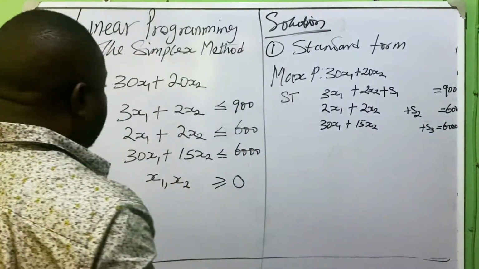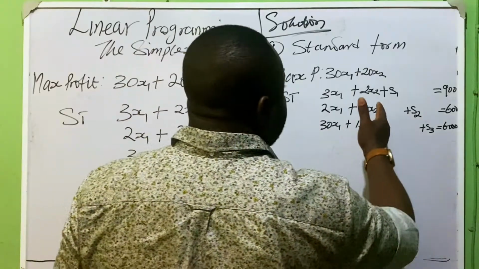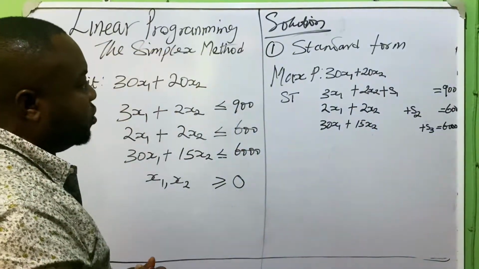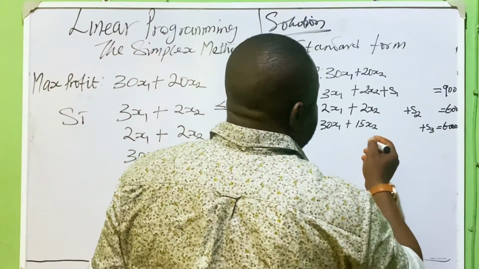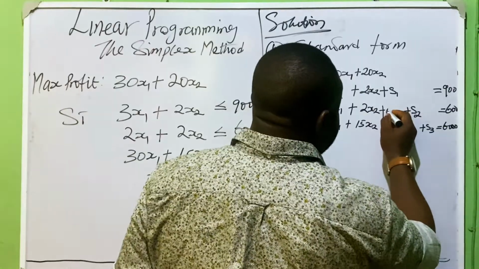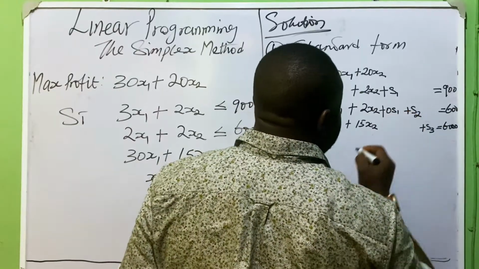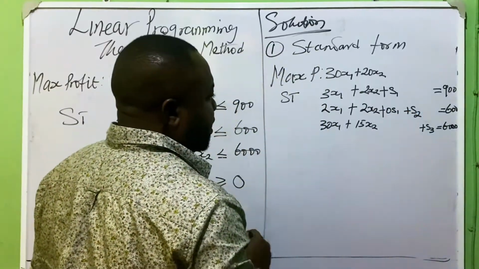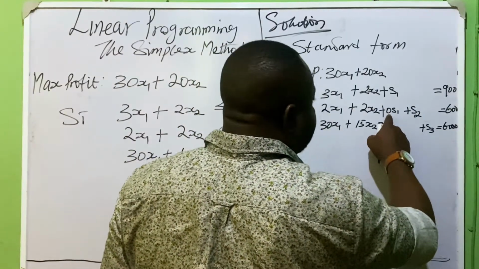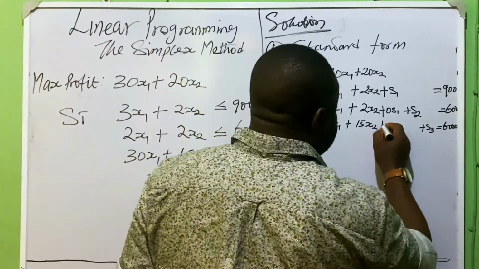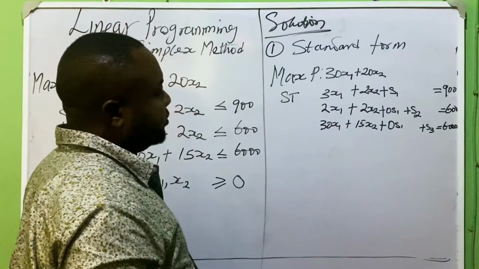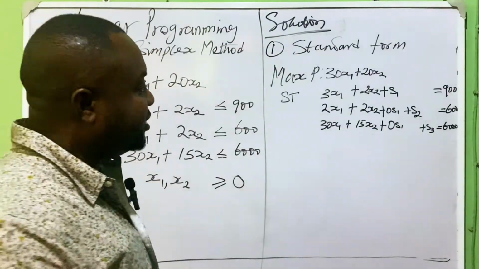Having done that, the next thing will now be to balance it up for the purpose of symmetry. As you can see, if I bring in plus 0S1 here, I have not added anything because 0 times S1 gives me 0. Plus 0S1 here, nothing has been added.